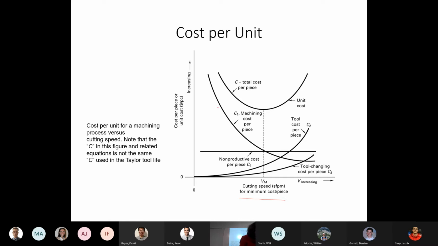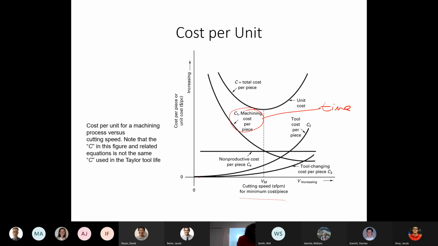What we see is that as the speed increases, our machining cost, which is basically related to time, goes down. That makes sense, because we have a higher material removal rate.